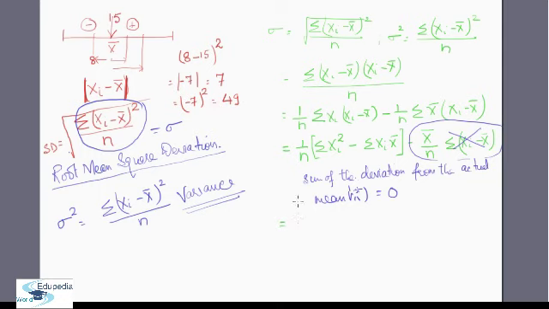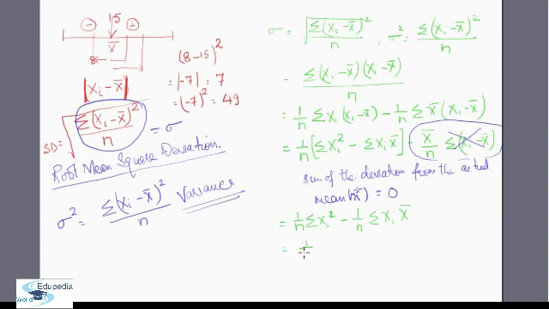So now working further, we will have 1 over n summation xi square, and then minus 1 over n summation xi into x bar. Again, this x bar is a constant and it can be taken outside the summation.